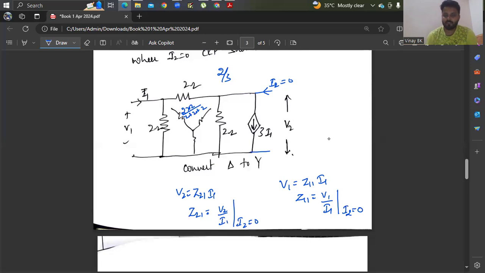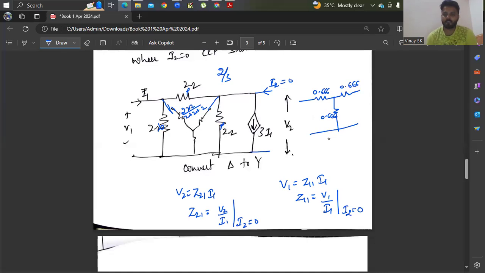The circuit looks like this: I1 is connected to Z11, that is 0.66. Similarly, here you can see I'm just connecting; these 2 and 2 ohms will go. So the circuit looks like this with 0.666. Similarly here one 0.666.